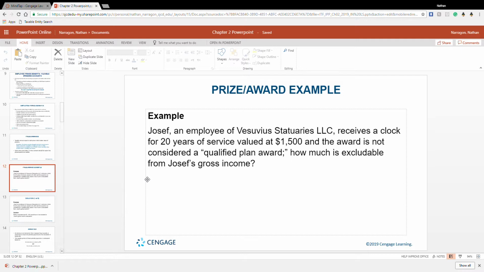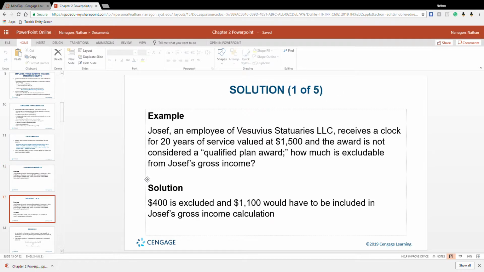Well, first off, if it was a qualified plan award, it would all be excluded. But because it's not, we only get that $400. So $400 is excluded, and that $1,100 would have to be included in his gross income calculation. So sometimes that's good, sometimes that's bad. So we like to receive awards, just be prepared to probably pay taxes on them.